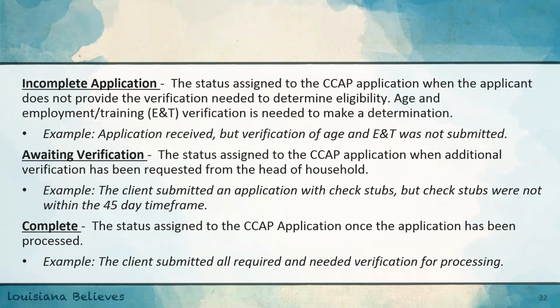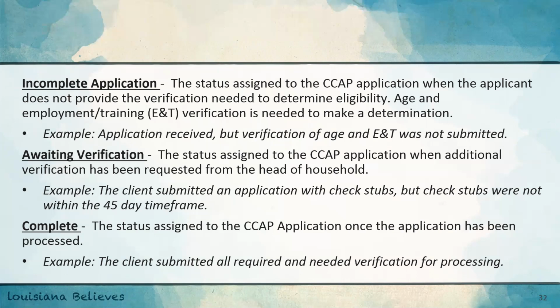The 3 terms that everyone should be familiar with in relation to the complete application are incomplete application, awaiting verification, and complete. An example of an incomplete application status is the application is received, but verification of age and ENT was not submitted.